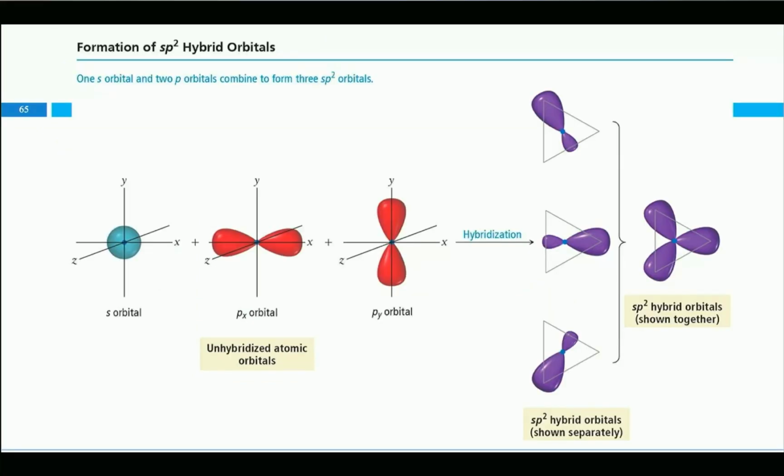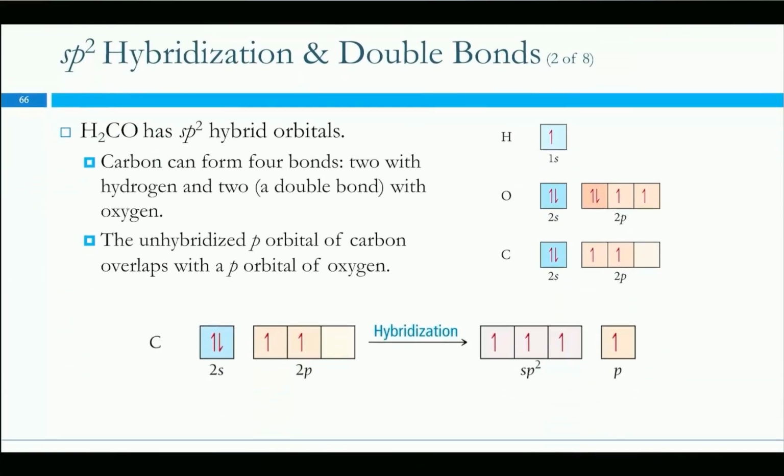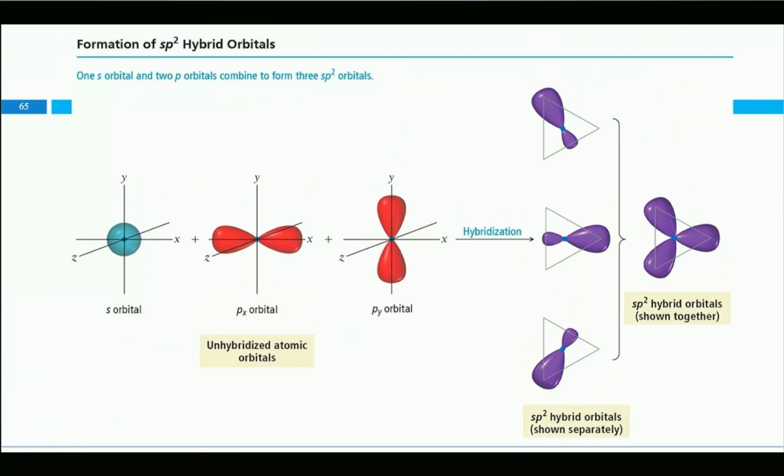So a similar kind of thing happens: we get the s orbital and the p orbitals. But now, instead of tetrahedral, the hybrid orbitals are all in the same plane, and they're trigonal planar. That means the last p orbital that doesn't get incorporated here can go above and below.